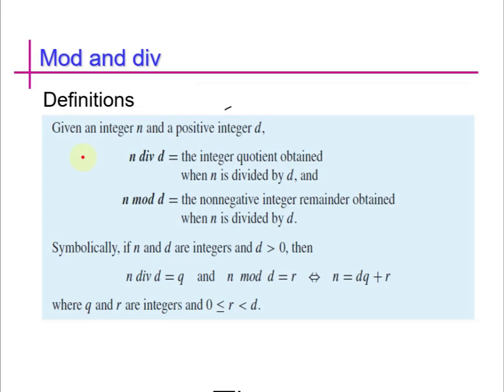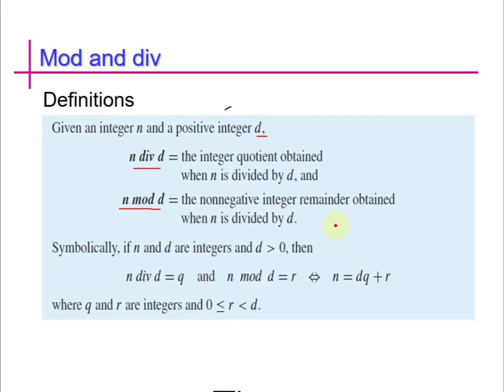So we see now the definition. Given an integer n and a positive integer d, n div d means the integer quotient obtained when n is divided by d. So it is basically the quotient, and when we write n mod d, we get the non-negative integer remainder that is obtained after dividing n by d.